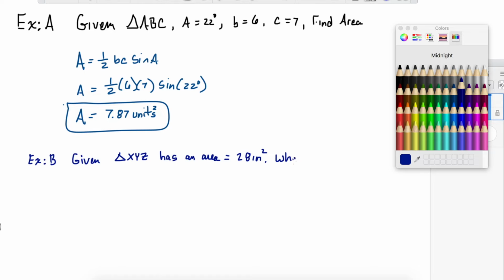What is the angle included between side lengths 8 and 9?